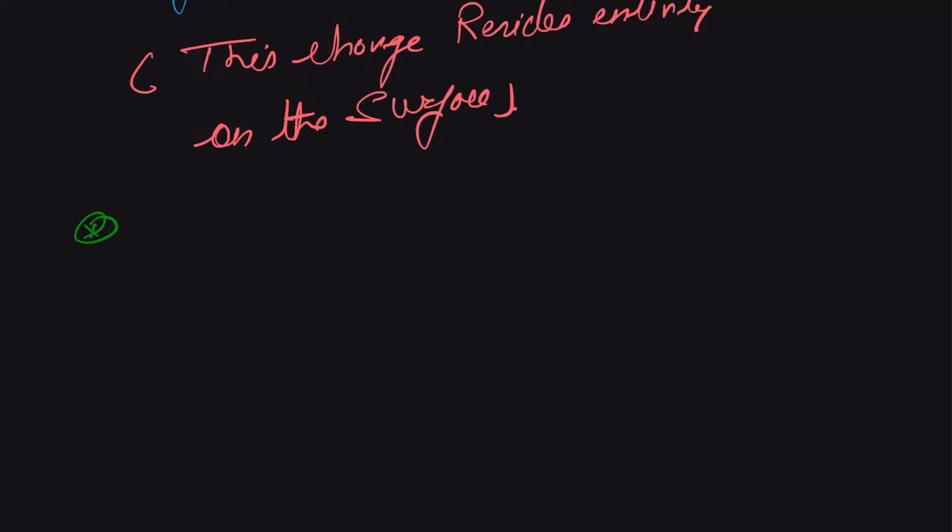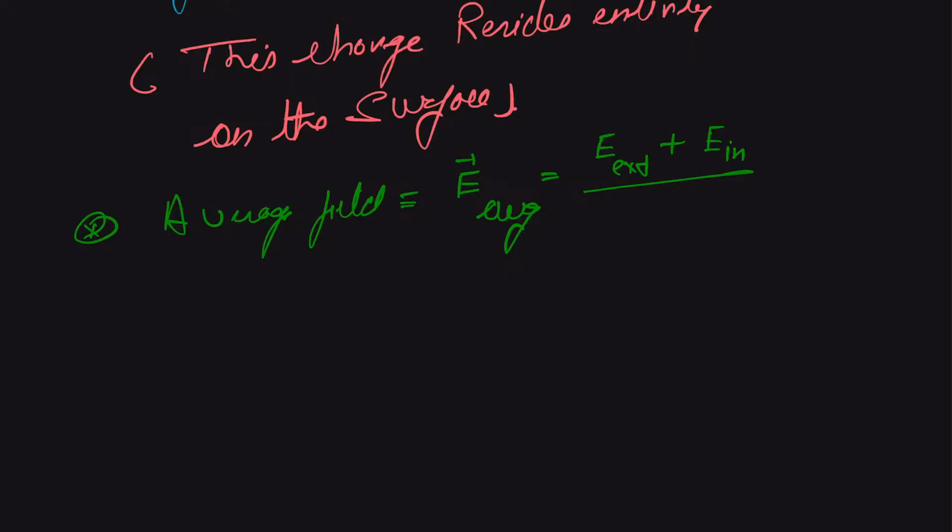Okay, so basically we are talking about the average electric field. So we can say that the average electric field, E average, will be equal to the electric field at the external plus the electric field at the internal, divided by 2.